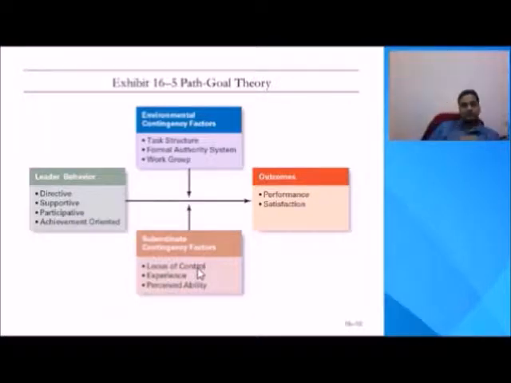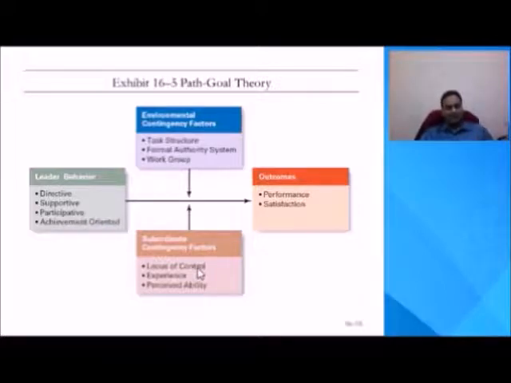You can see that over a period of time, the leadership theories are evolving. New variables are coming in. It is not just the behavior, it is not just the readiness of the followers, it is also about the internal factors that affect the followers' effectiveness. See, ultimately, management is getting things done through people. It's a basic definition. It is the people who are going to do the work.